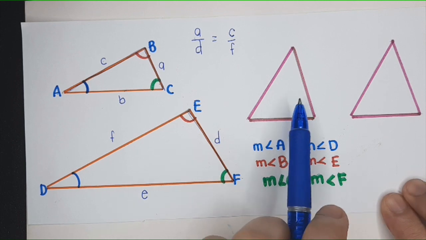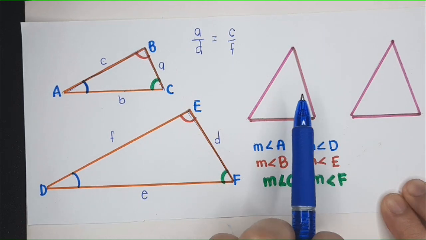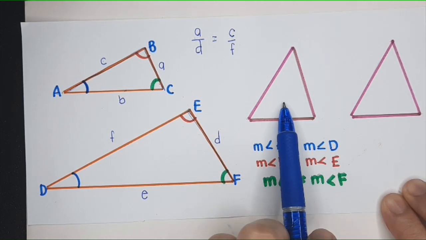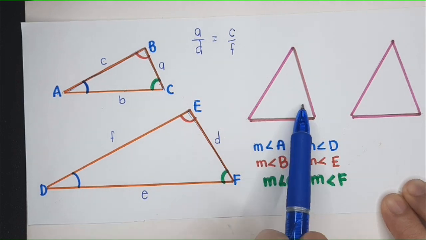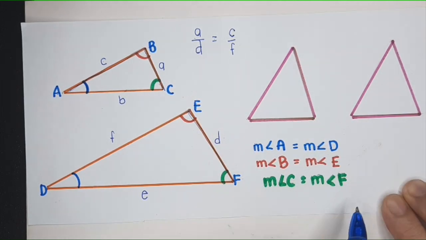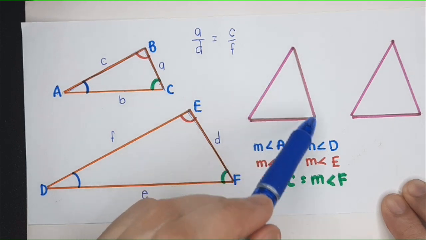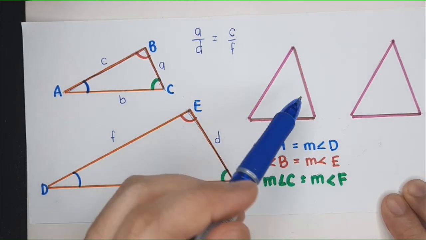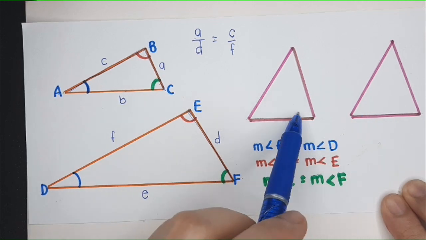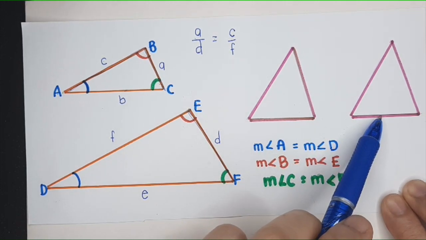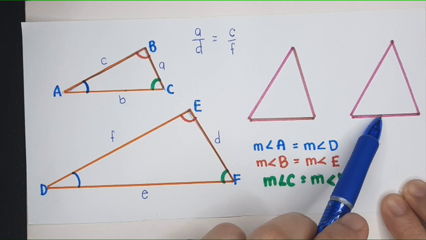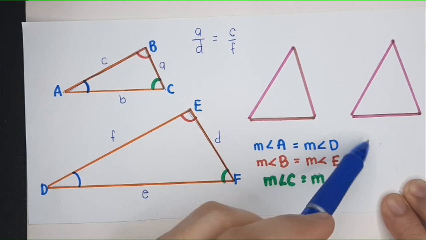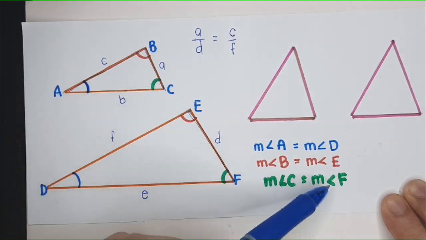Yes, actually, they are congruent triangles because all the angles measure the same and all the sides measure the same. So they are congruent triangles. And all congruent triangles are similar triangles. Okay? Masasatisfy niya yung mga condition.